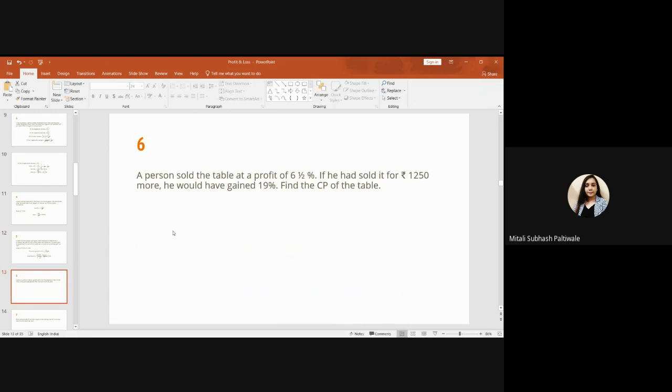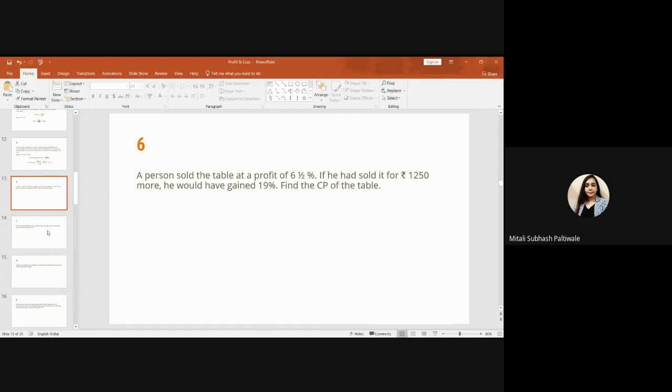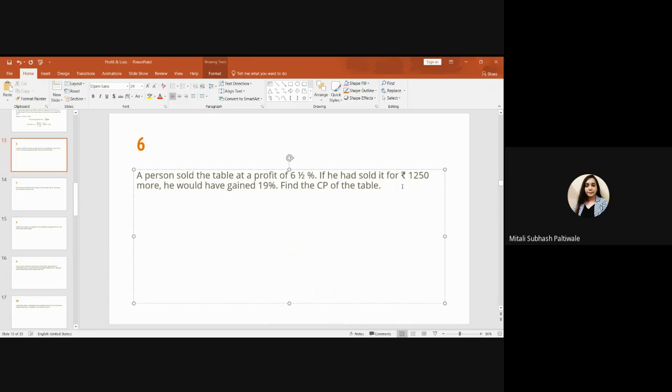Now next, here, a person sold the table at a profit of 6.5%. Now, if he had sold it for 1250 more, he would have gained 19% of profit. So find the CP of the table. Now, see. Okay. It is clearly stated that previously he has sold it at 6.5%.